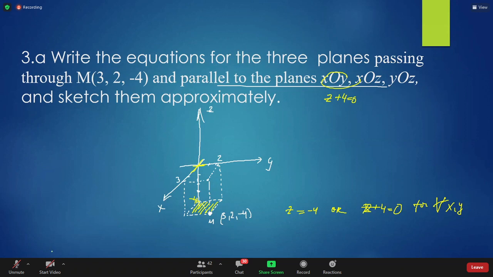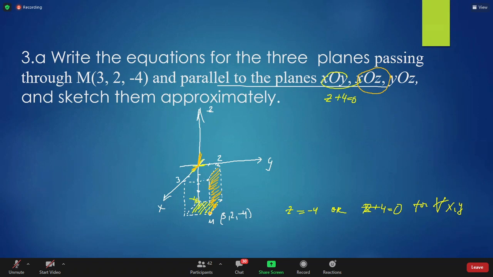Now the next one, if a plane is parallel to the xz plane of coordinates, that would be xz, this plane passing through these two lines. So we need this particular plane parallel to the plane xz. And we see that it again passes through the same point, and basically for all x and z values, the y value will be equal to 2.